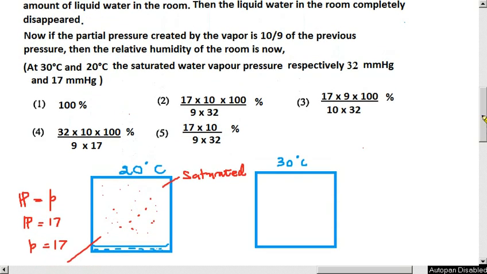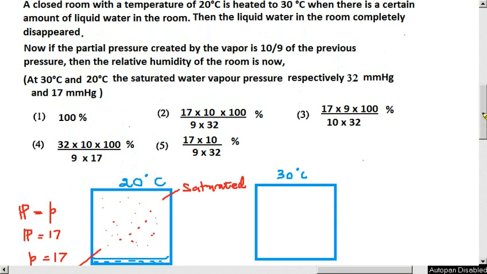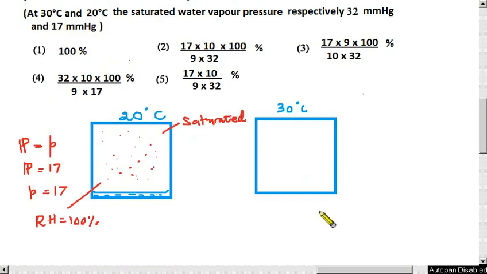Now after the increase in the temperature up to 30 degrees, the liquid water disappeared completely. So there is no liquid water. That means this room is not saturated, it is unsaturated.